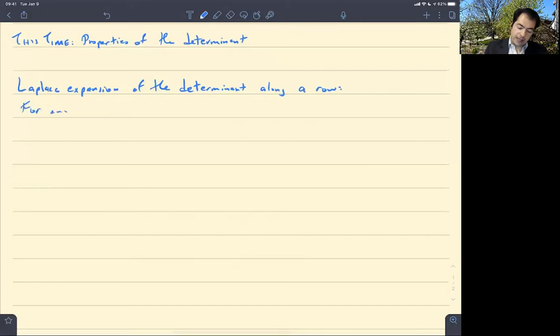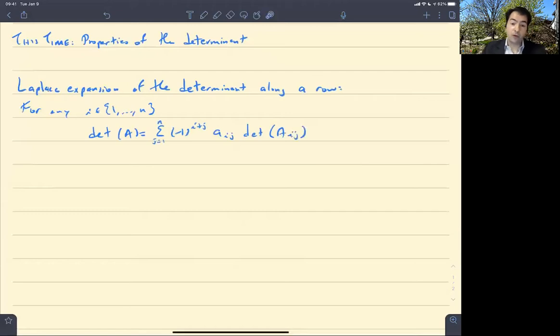For any i between 1 and n, the determinant of matrix A is equal to the sum, j goes from 1 to n, of (-1)^(i+j), little a_ij, determinant of capital A_ij. Remember, capital A_ij is the matrix of size n minus 1 that you get by deleting from capital A the ith row and the jth column.